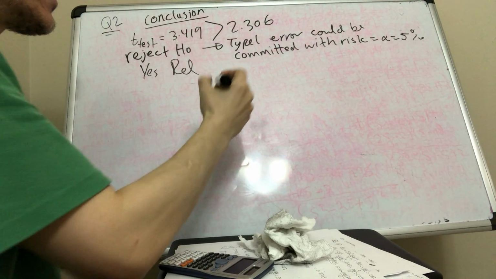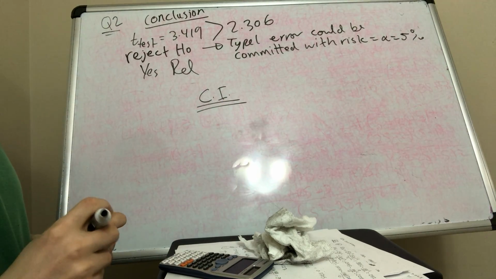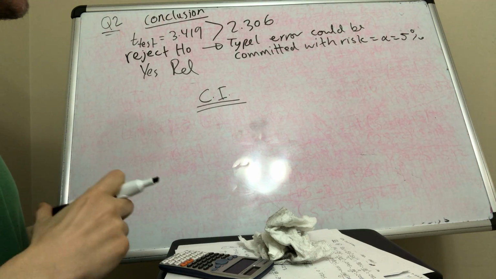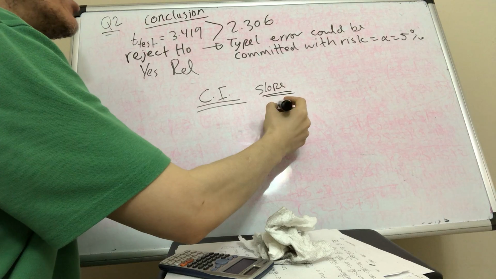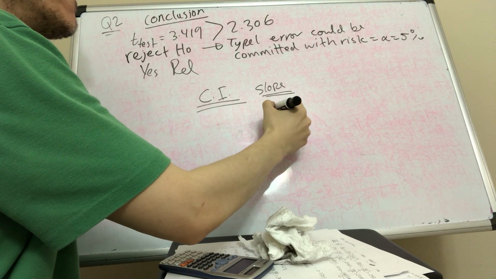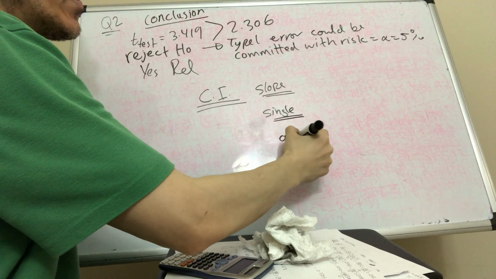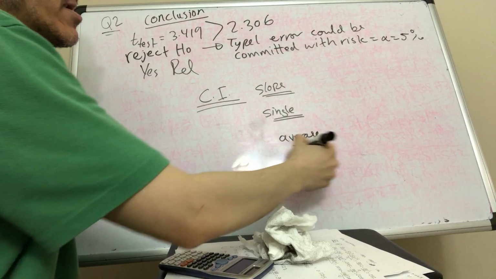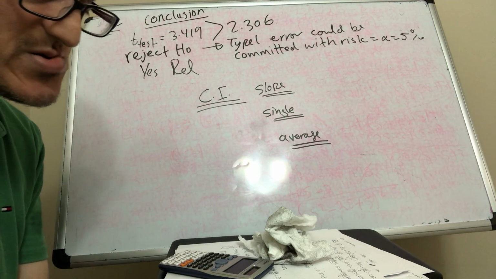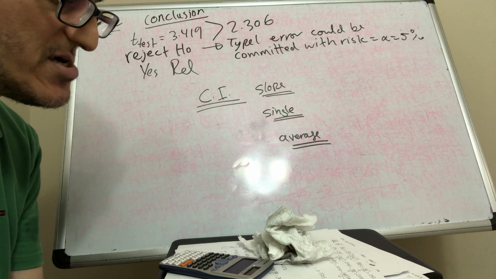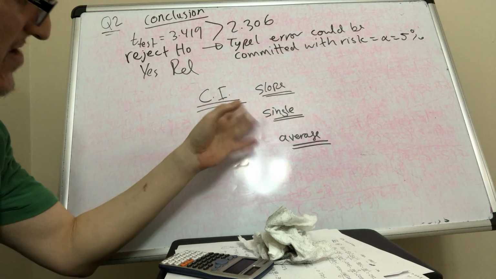There are 3 confidence intervals in this section. There is one for slope, there is one for single, and there is one for hours. I might actually send you another video that I recorded for a different regression question that involves finding these.